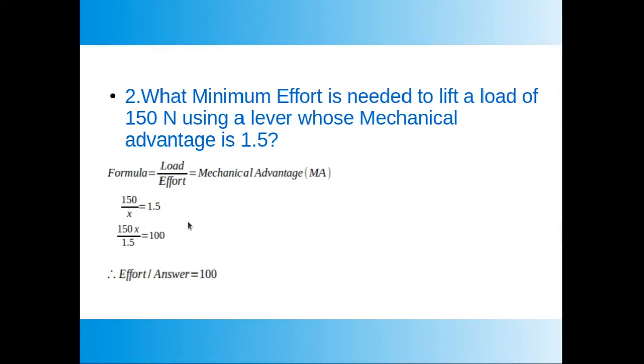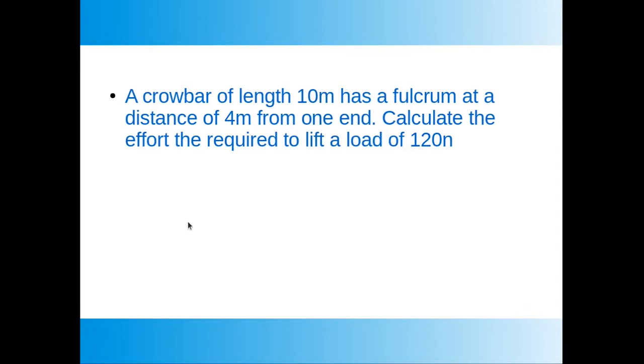The next question, the third one: a crowbar of length 10 meter. You know a crowbar is a class 1 lever, so you obviously know that the fulcrum will be in between. A crowbar of length 10 meter has a fulcrum at a distance of 4 meter from one end.